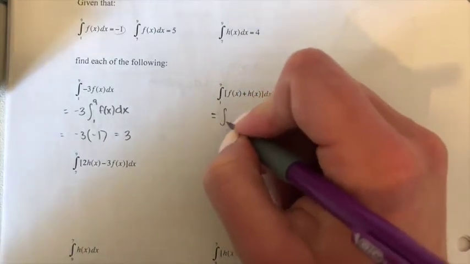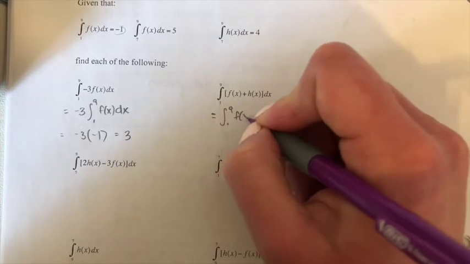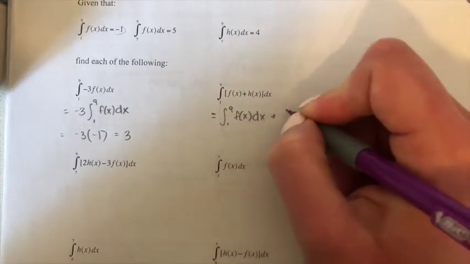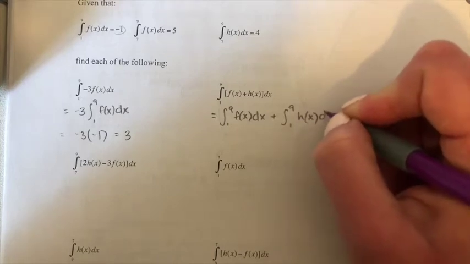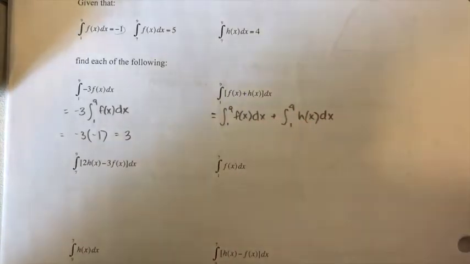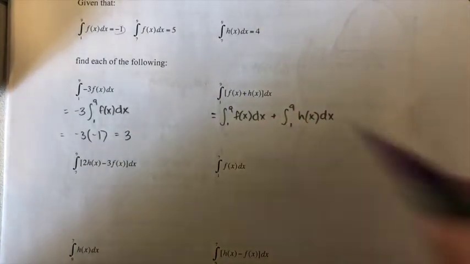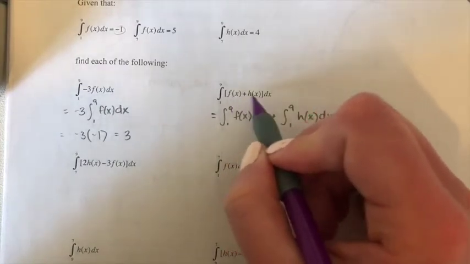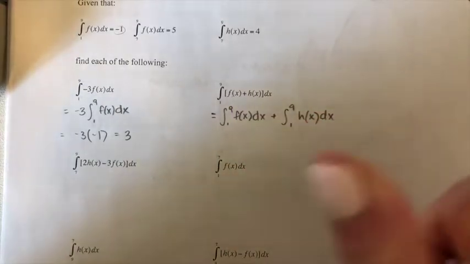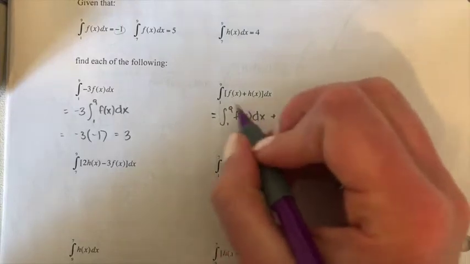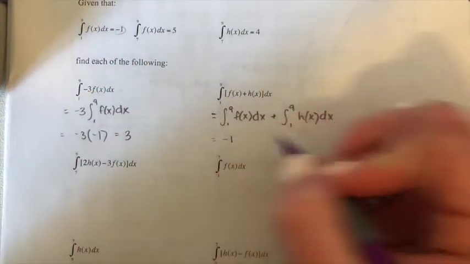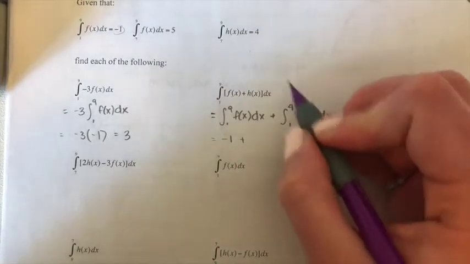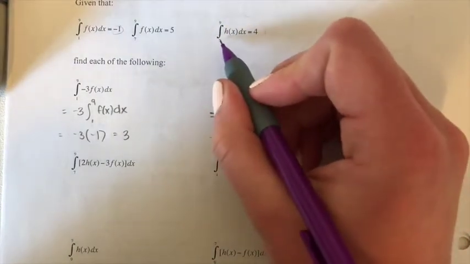This is the same as the integral from 1 to 9 of f of x dx plus the integral from 1 to 9 of h of x dx. Just like in differentiation, if we're doing the integral of 2 different things as a sum, we can split it into 2 separate statements. This one we can replace with a -1. This one, we don't actually know anything about from 1 to 9.